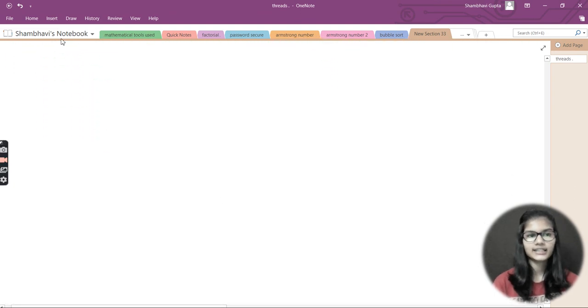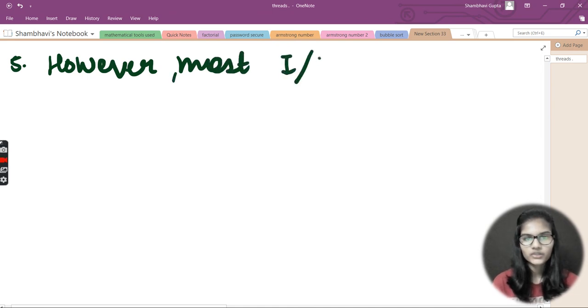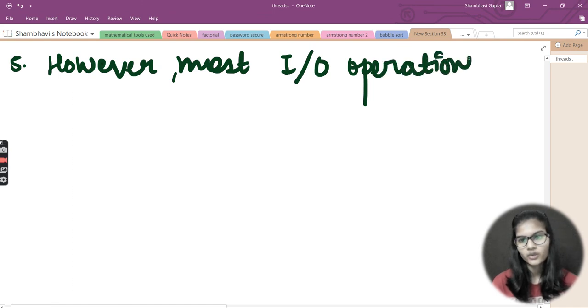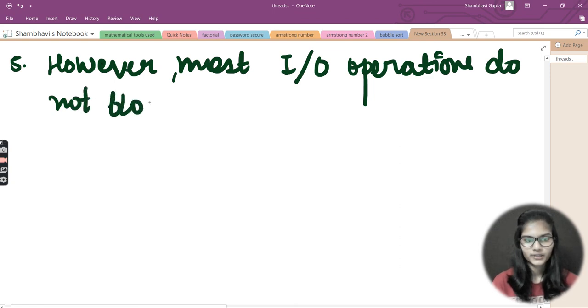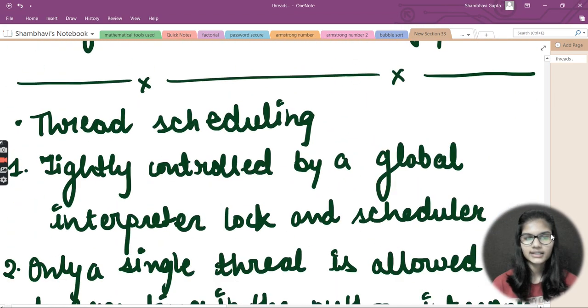Now let's see the last thing, number five: however, most input output operations, I/O, do not block. So these are the five things that come under thread scheduling.